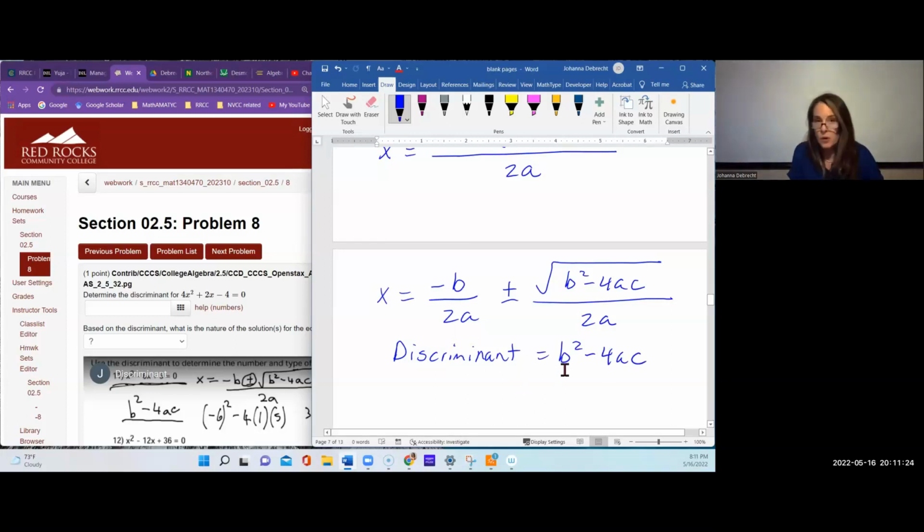Well, let's suppose that b squared minus 4ac turns out to be the number 0. If the discriminant is 0, then the numerator of this fraction is 0, but the denominator will not be. 0 divided by a number is 0, which means the solution just becomes negative b over 2a.